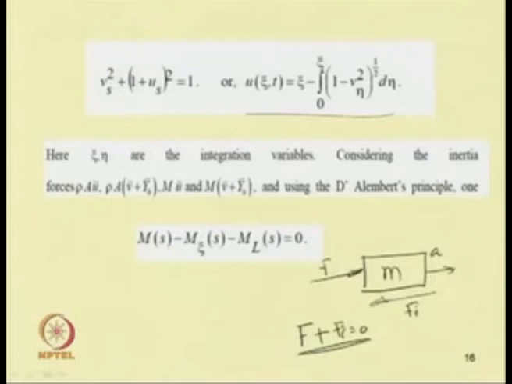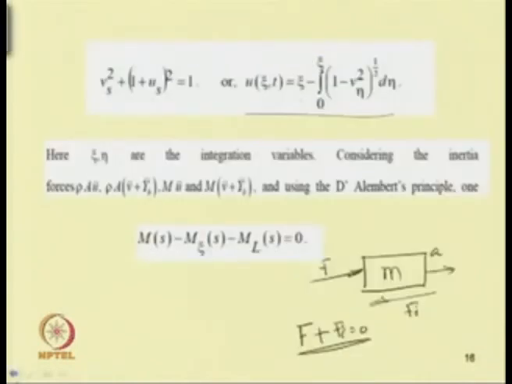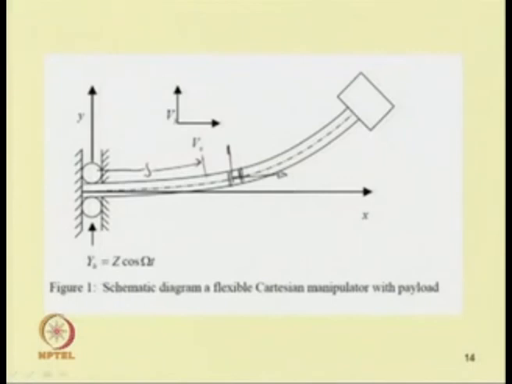So, by taking all these forces, one can write the equation of motion. Now this m zeta s, at a section zeta, at a dummy distance zeta from the base.